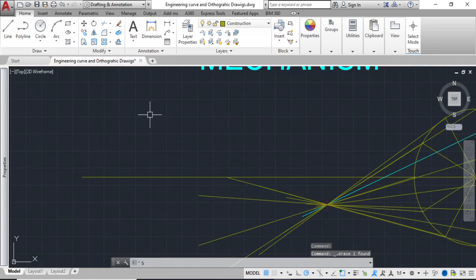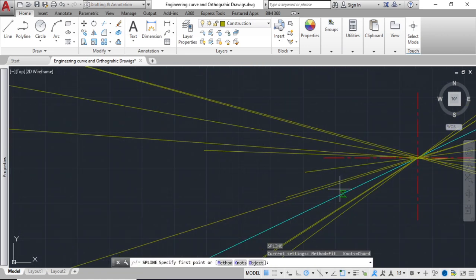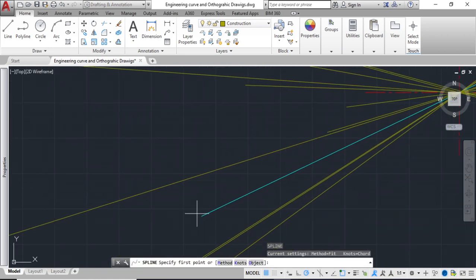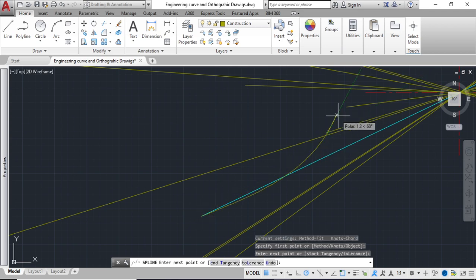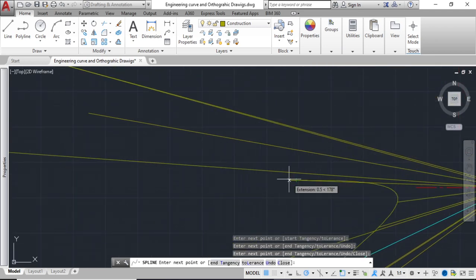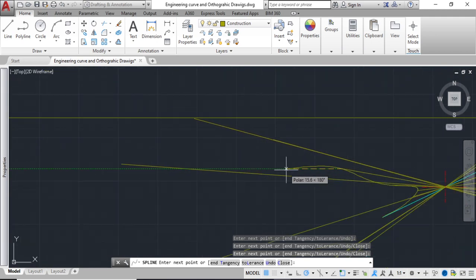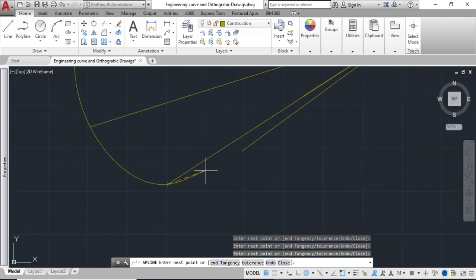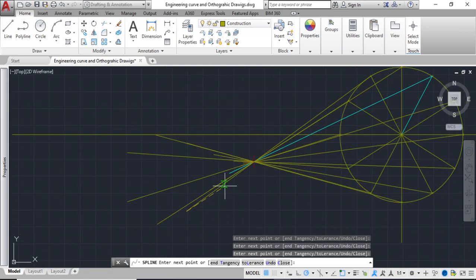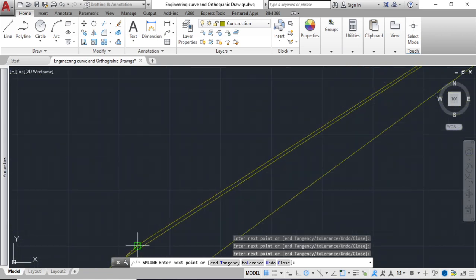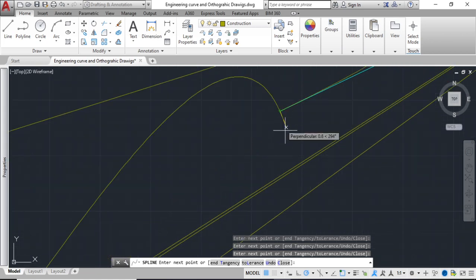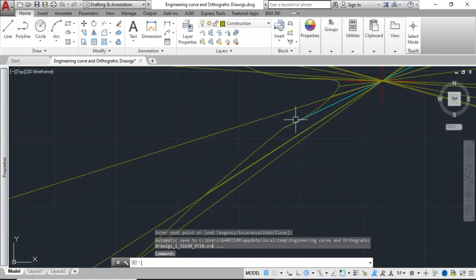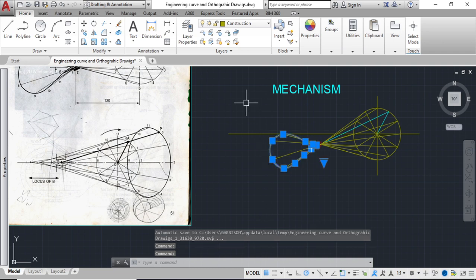So SPL, enter, and replot it from point B. Start there, go around, and come back directly to B afterwards. And that, there you go. Object line, and that's you.